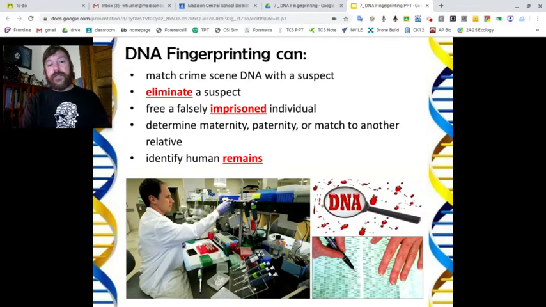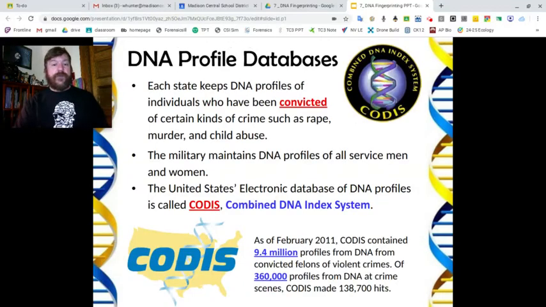The other things that we can use this for, again, determine maternity, paternity, identify human remains, eliminate suspects, or provide a match to a suspect at a crime scene. There are DNA databases. CODIS is the United States federal version. It's the Combined DNA Indexing System.